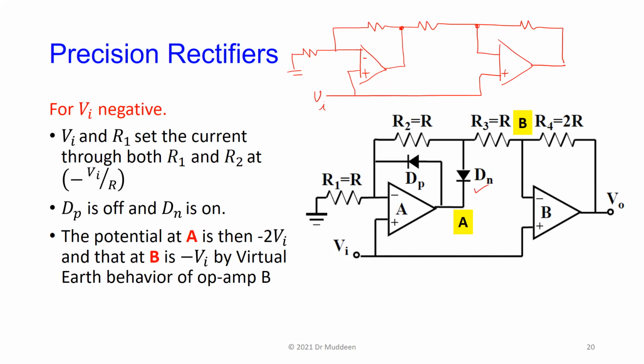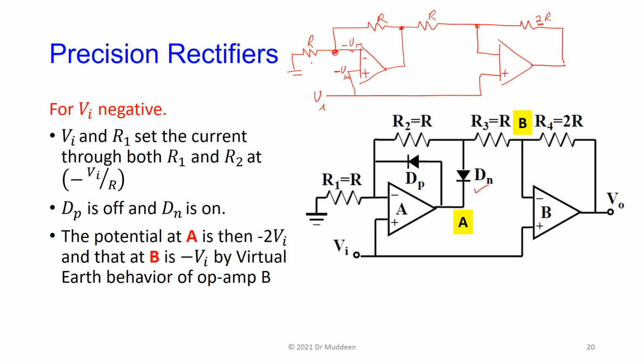So if you look at it here now, here's minus V in. So this point is minus V in. This is resistor R, this is R, this is 2R, and that's the key here. This is 2R, this is R. So if this is minus V in, what is the current flow?